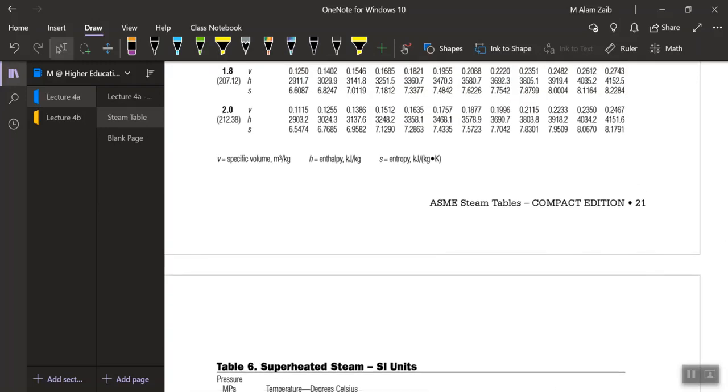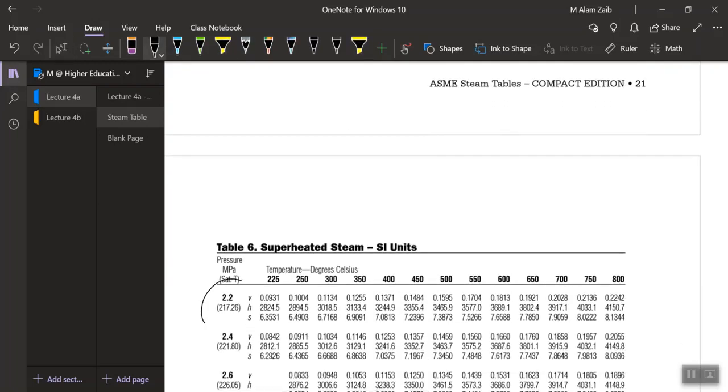We have got a table of 2.0 megapascal. We have got a table of 2.2 megapascal, but we do not have a table of 2.1 megapascal. That means we do not have a pressure which corresponds to 2.1 megapascal.